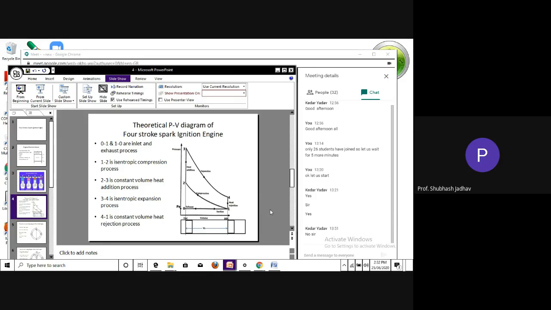Now I open the session for questions. Is there any doubt related to whatever has been discussed? You can unmute yourself and ask your doubts related to the Otto cycle. So this is your Otto cycle. The PV diagram, whatever we have drawn, is for the Otto cycle. Any doubt?